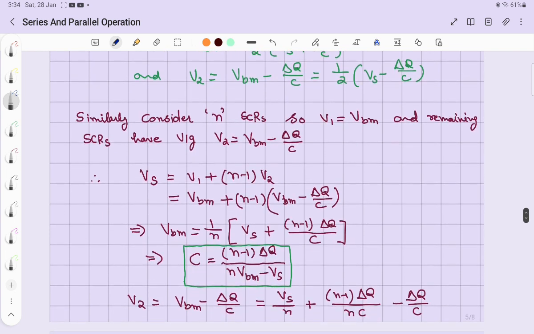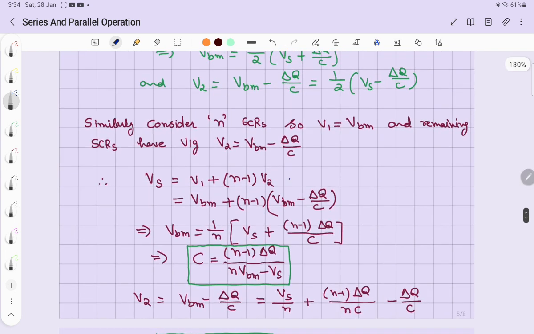Now let us consider there are n thyristors. The first one would have maximum voltage VBM, whereas the remaining would have VBM minus delta Q by C. Again, for simplicity, we are connecting the same capacitor across all the n minus 1, in fact all the thyristors, for simplicity and to keep spare management very simple.